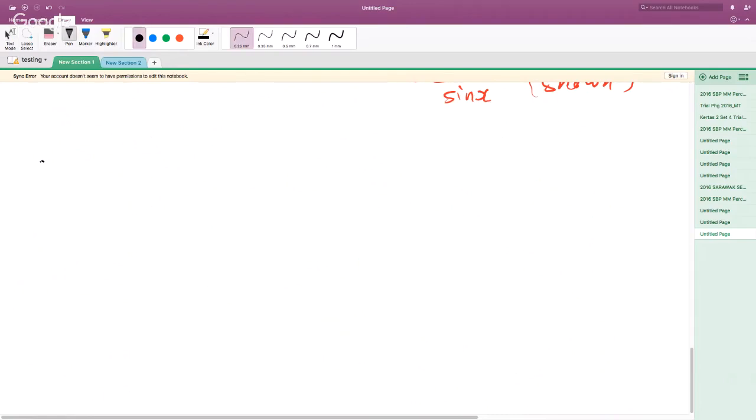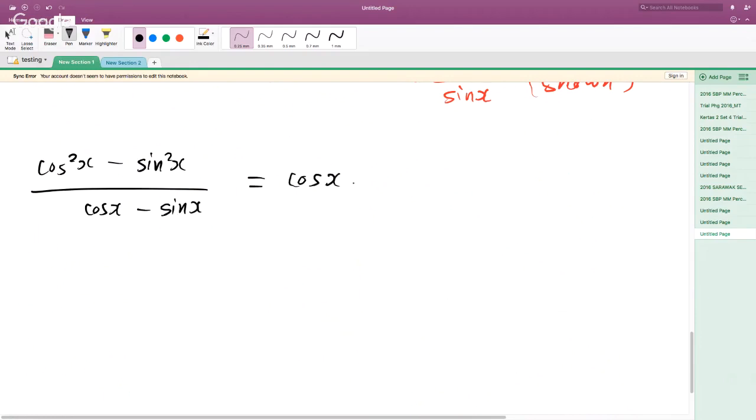So let's say I have cos x squared minus sine square x over cos x minus sine x equals to cos x plus sine x. So basically, you need to prove this kind of question. Whenever I do this kind of question, it's very dependent on how much knowledge you have in this kind of questions.